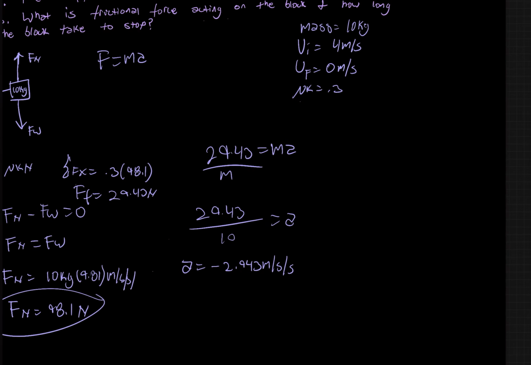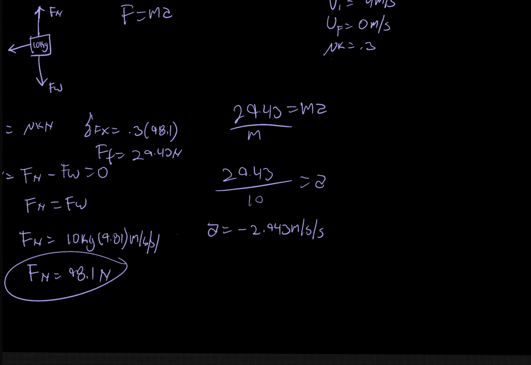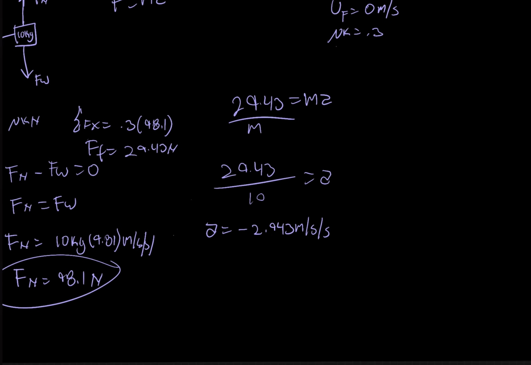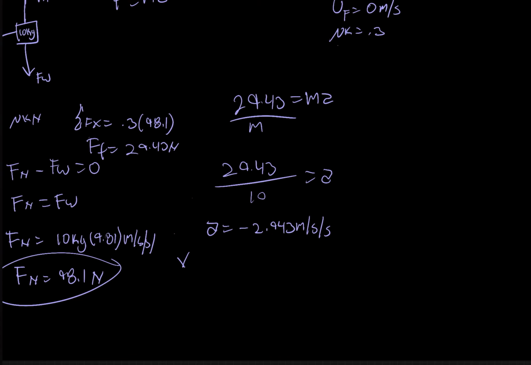And so the kinematic equation that we want to use to solve this is this formula here. Velocity final is equal to velocity initial plus acceleration times time.